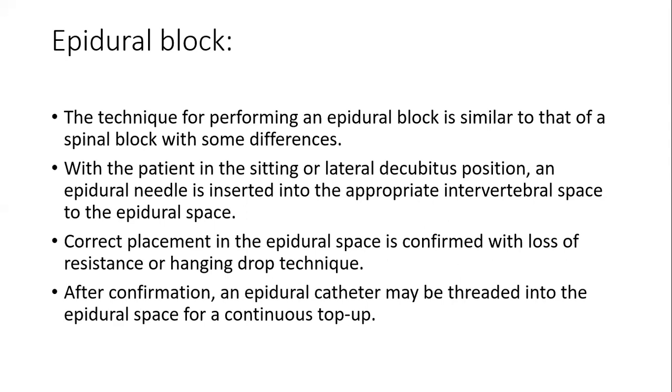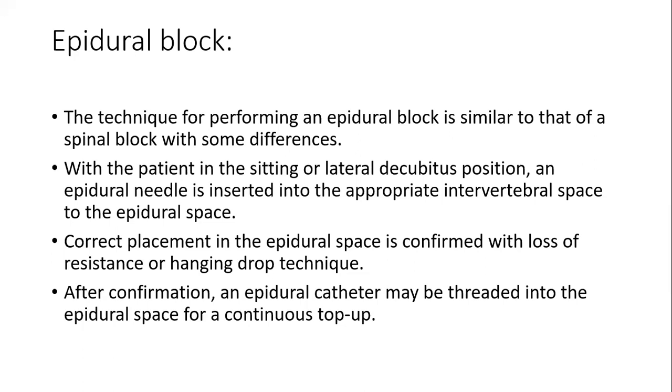It's obvious. It comes with technique, and you can feel it. Once you feel it, you stop and perform the hanging drop technique, where you put a drop of saline at the hub of your epidural needle. Because of the negative pressure, that drop of saline is sucked into the epidural needle. So that's how we confirm correct placement of your epidural needle.